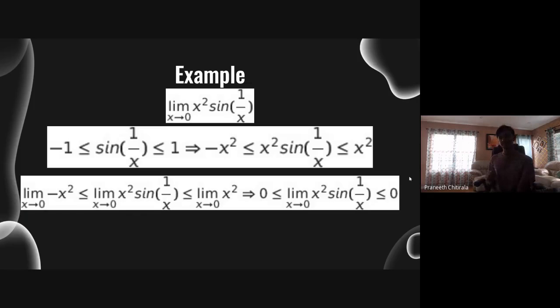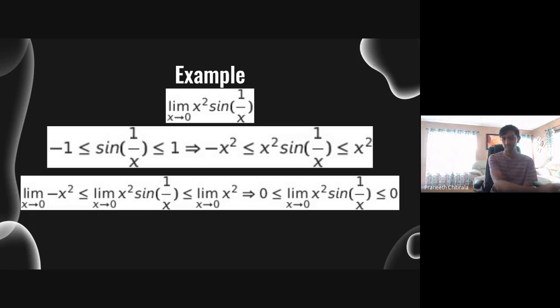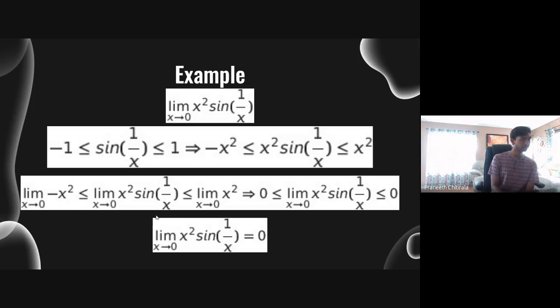Since this limit is less than or equal to 0 and greater than or equal to 0, the only value that this limit can be is 0. If a limit is less than or equal to and greater than or equal to some number, it has to equal that number. So therefore, the limit is equal to 0.